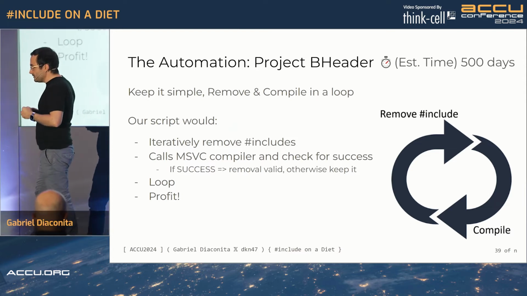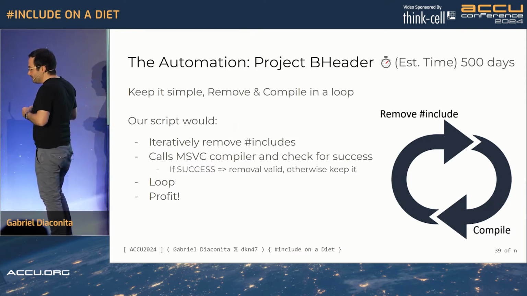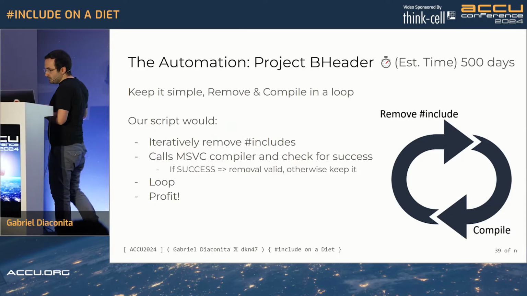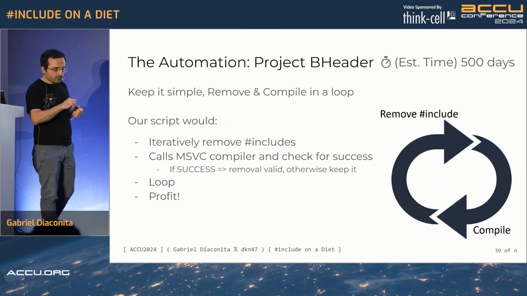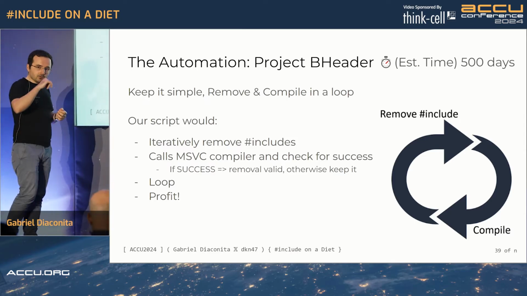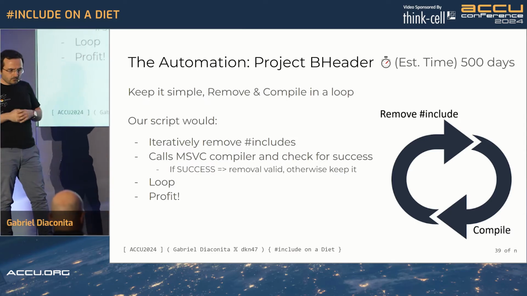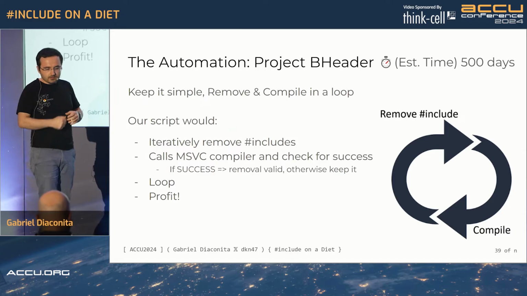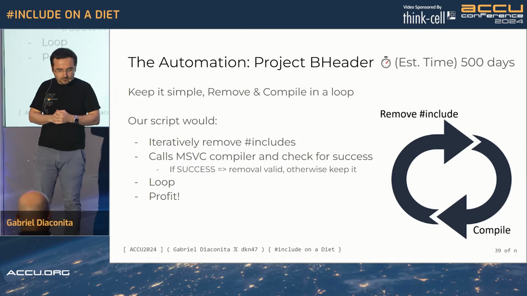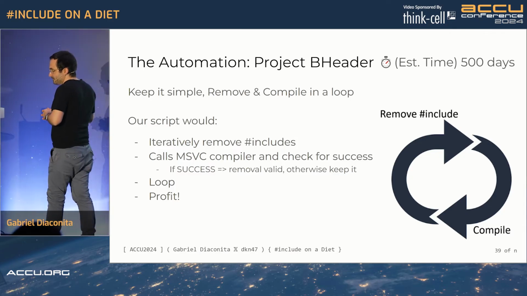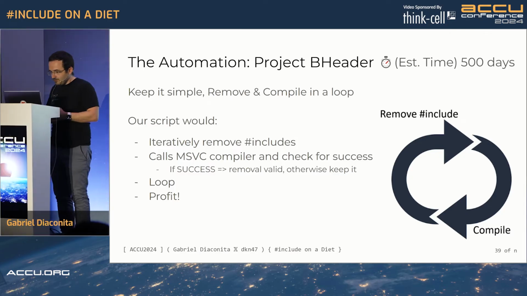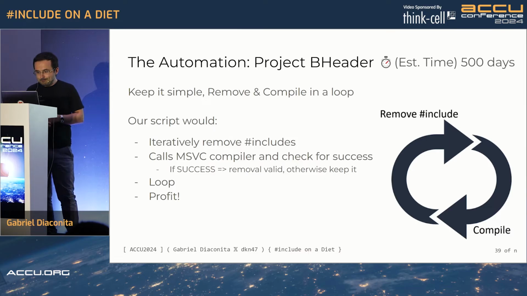If it fails, then there is something in that include that you actually need. So undo that step, put it back, and go to the next include. Run this through a loop as long as it takes, and profit. Drink your coffee, eat your biscuits, let the computer work for you, for us.